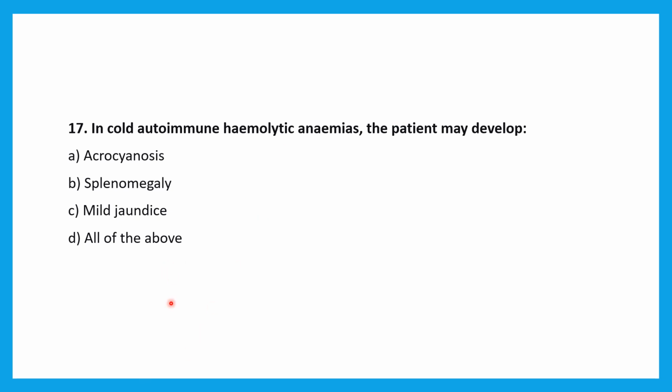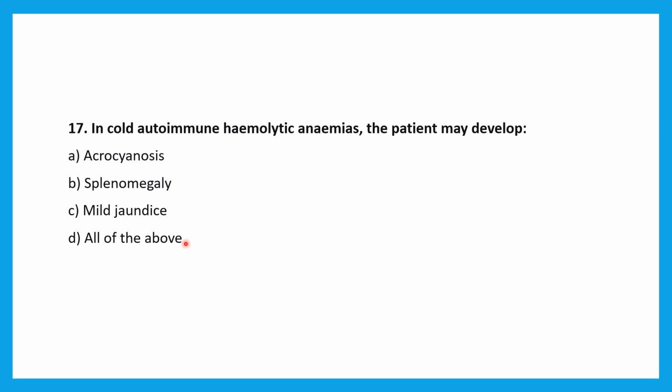Okay, so when exposed to the cold, we need to realize that the IgM antibodies will bind to RBCs, and when they bind to red blood cells, they cause agglutination or clumping in the capillaries of the extremities. And when there is that agglutination of RBCs, what happens then?